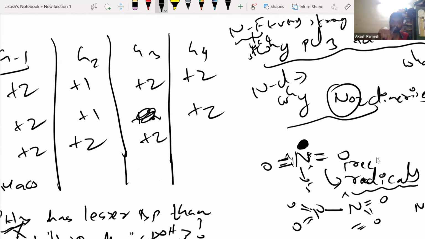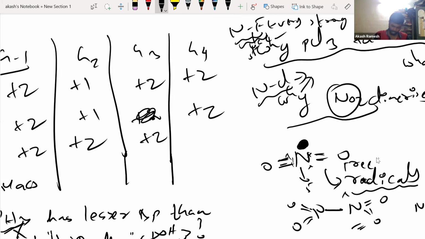But for making the compound, the energy supplied is way more than the energy released because the N-Cl bond is not that strong. The only reason you have to tell is that N-F is a stronger bond, N-Cl is a little weaker. That's why this is an exothermic compound, whereas this is an endothermic compound. As simple as that. Good attempt.